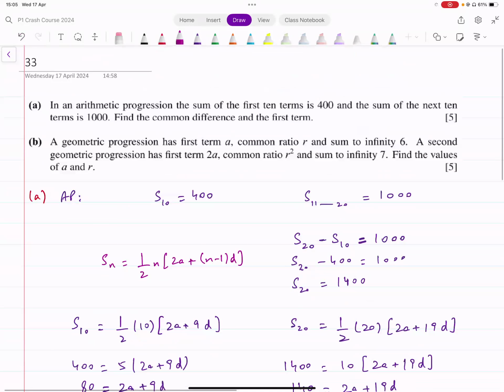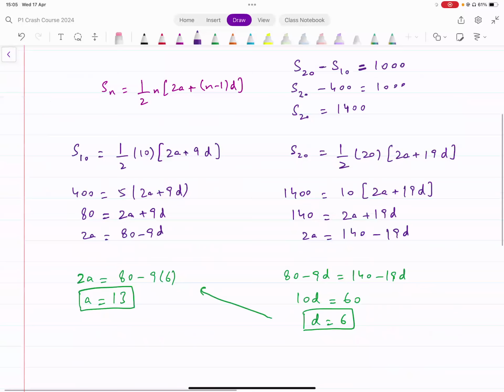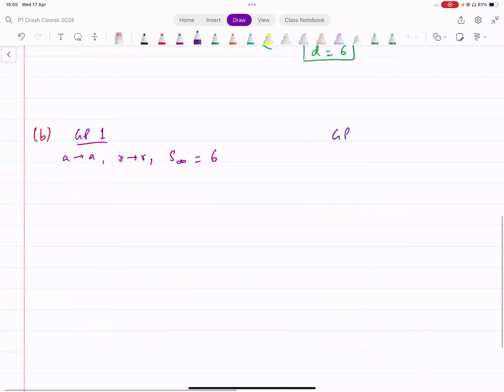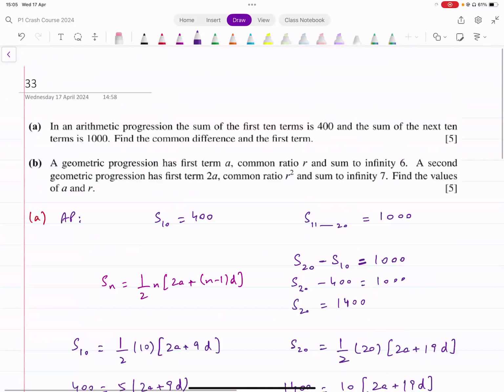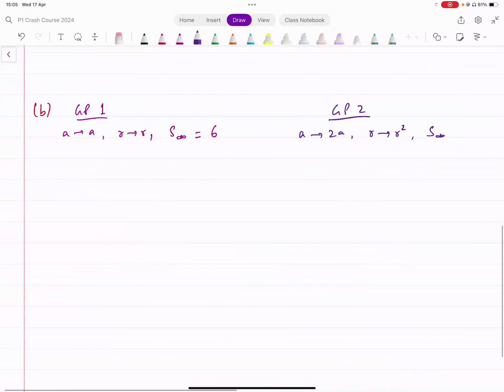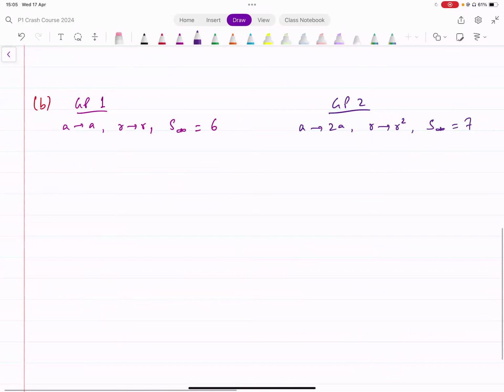That's the first GP. And for the second GP, they're saying for GP2, the first term, in place of A, we have 2A. Ratio is R squared, and sum to infinity is 7. We need to find the values of A and R.